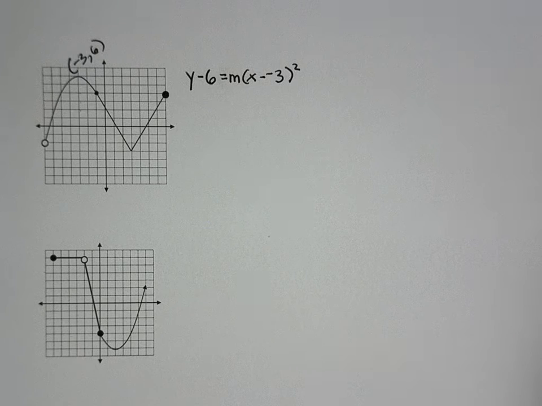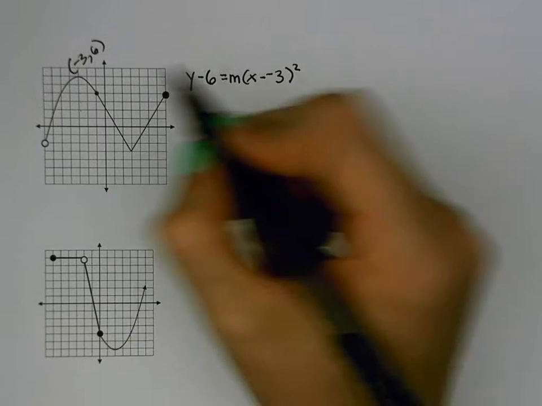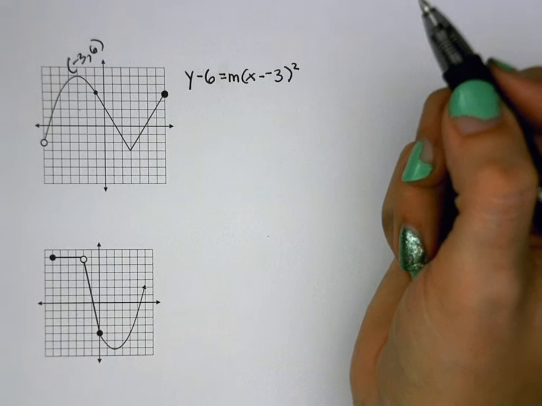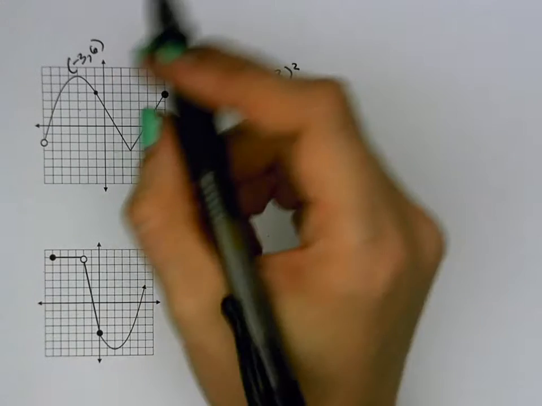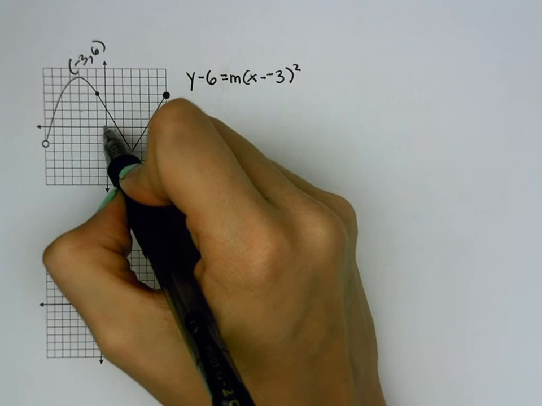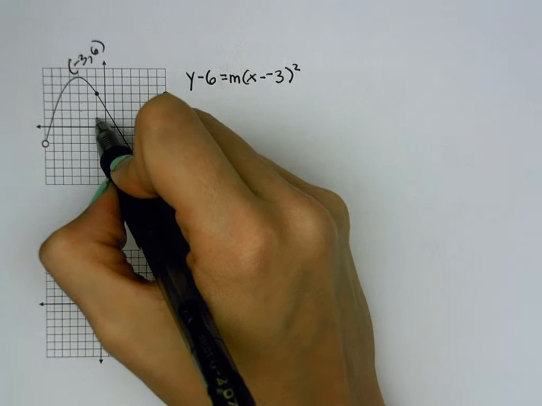Okay, and then we use our other point. You have several points to pick from. I am going to go ahead and pick this point here, which is at x equals negative 1, y equals 4.